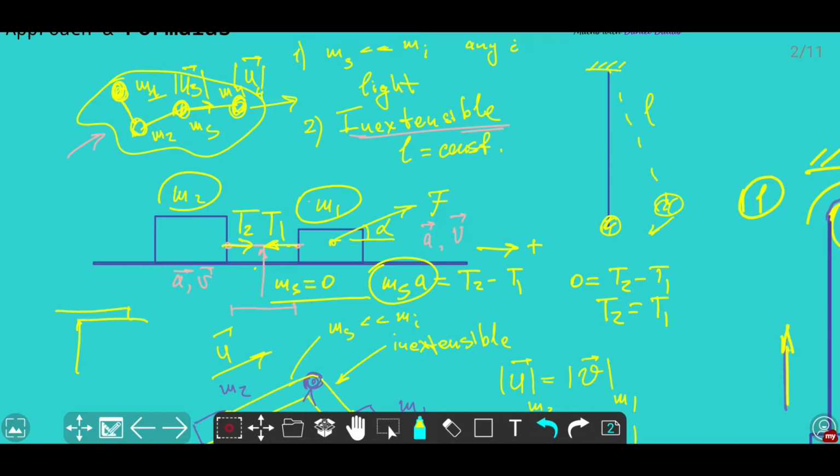In this case you can assume they're connected particles, but the problem is that because this part makes the whole chain move down, every time you'll have a change in mass of the hanging part. Like M1 and M2, every time M2 gets increased while M1 gets decreased over the motion. In this case, you still can consider them as connected particles, but the problem is the mass is changing.